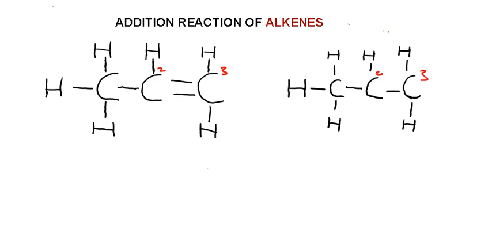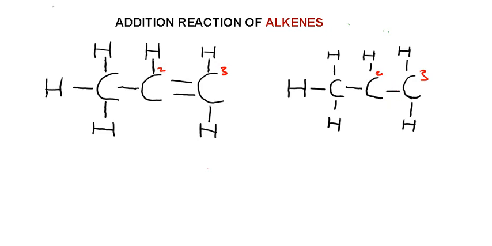Have you seen now that it is one single bond that is now remaining here? And it is this single bond that will allow each carbon to bond with an atom from another element or molecule. Is that understood now?